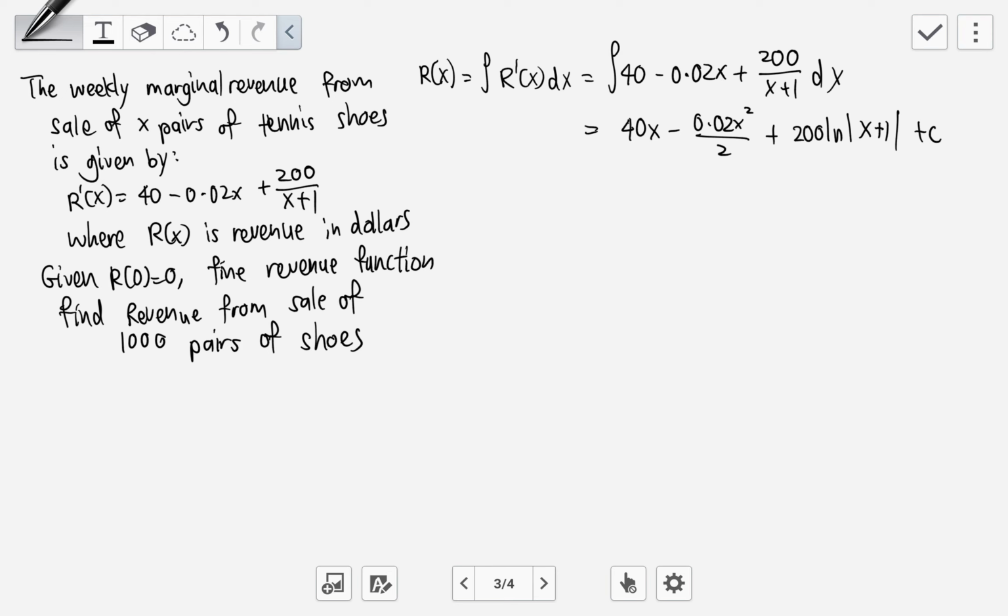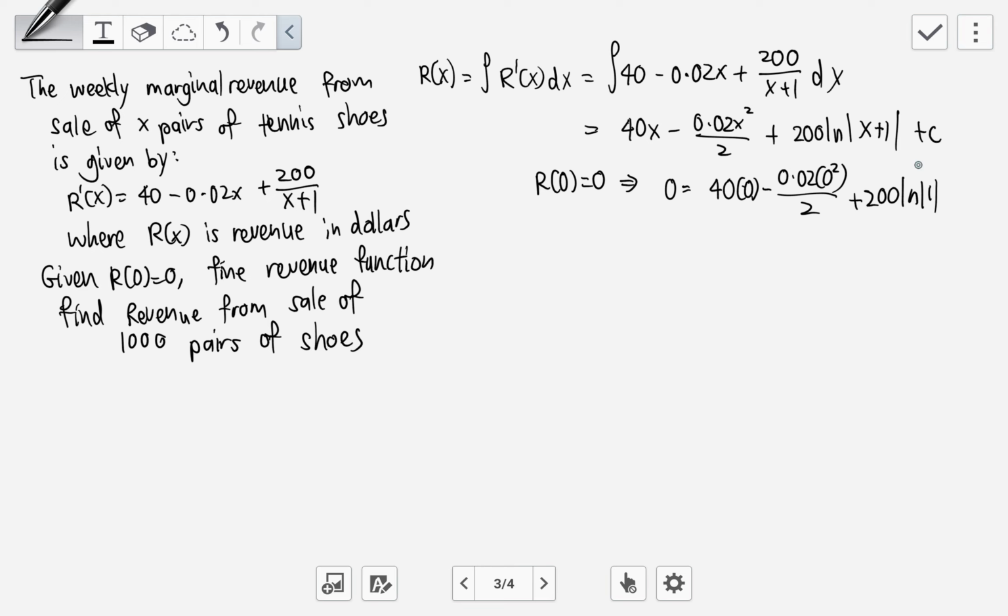This will give me my R(x), but then they tell me R(0) equals 0. This implies that 0 equals 40 times 0 minus 0.02 times 0 squared over 2 plus 200 ln 1.